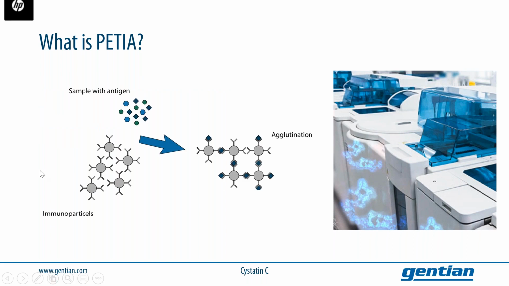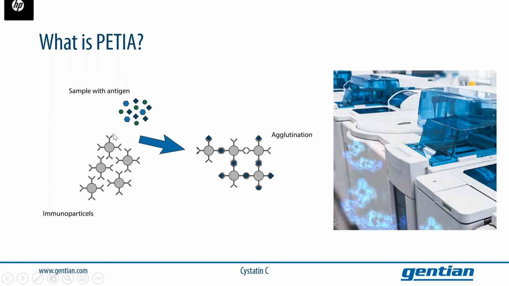In this machine, we provide the immunoparticles. These are small beads that are coated with antibodies, represented by this Y. And in this case, you have a blood sample that contains several antigens. And the Cystatin C antigen is represented by this blue diamond.